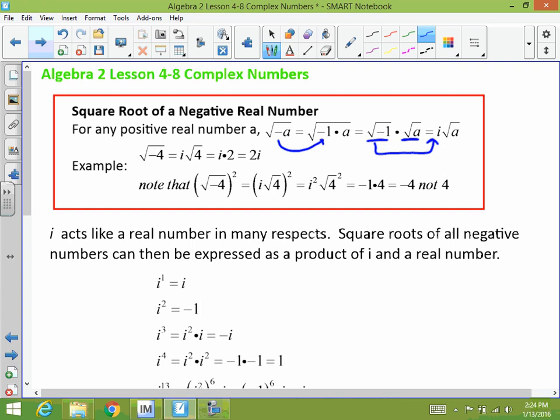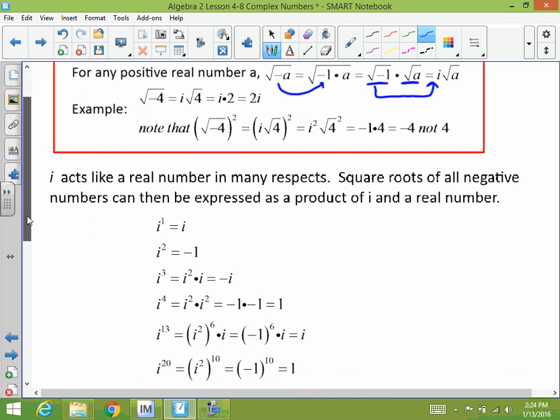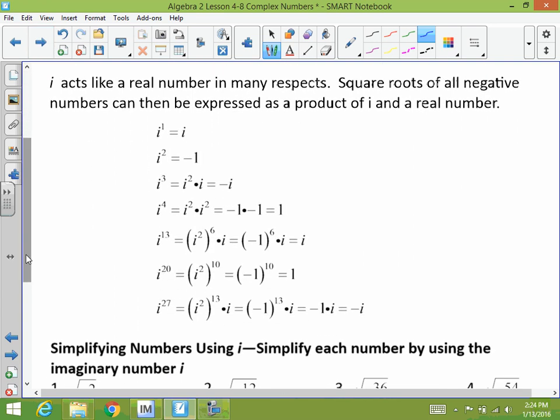Because remember, if the square root of -1 equals i, then i squared is equal to -1. So i acts like a real number in many respects. Square roots of all negative numbers can then be expressed as a product of i and a real number.